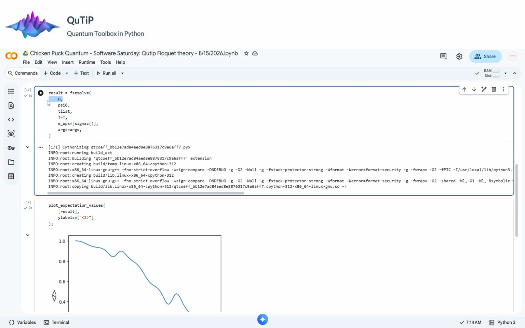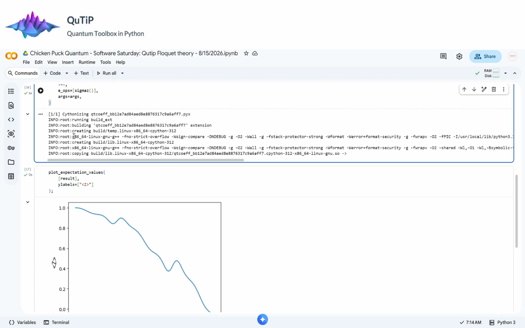We pass in our Hamiltonian, our initial state, the time points and the period T, and I'm also passing in sigma z, which is the expectation value operator. So at every time point, QuTiP will calculate the expectation value of sigma z of t, equal to the expectation value of psi of t, bra sigma z ket psi of t.